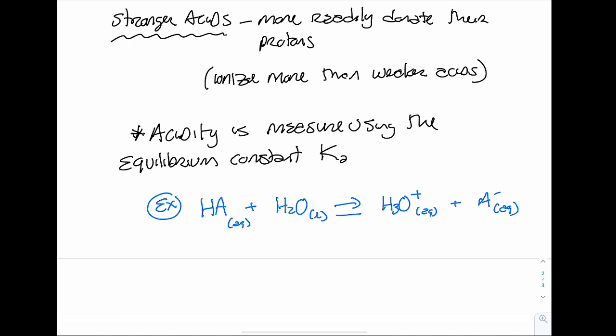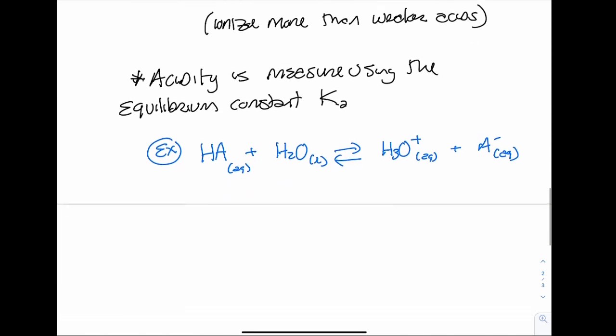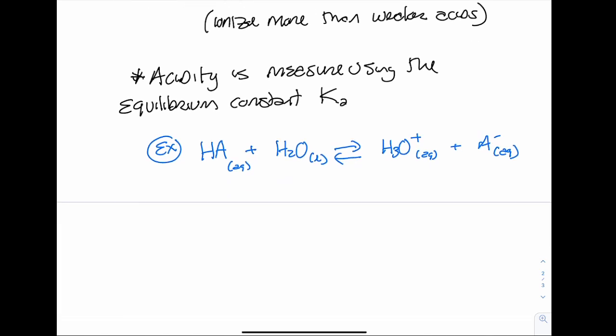And this is existing in equilibrium. It's going back and forth. So when those rates are equal, we're at equilibrium. And we could write our equilibrium constant for this. Remember, for our equilibrium constant, it's always the concentration of products over the concentration of reactants raised to a power equal to their coefficient. These are all 1-to-1.